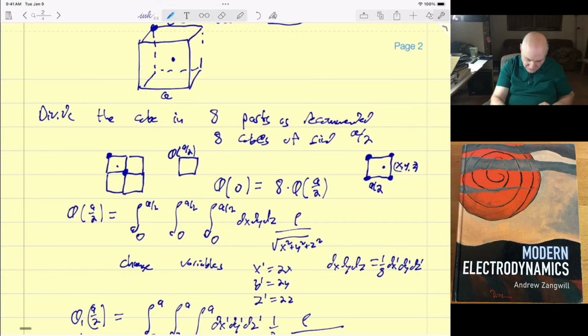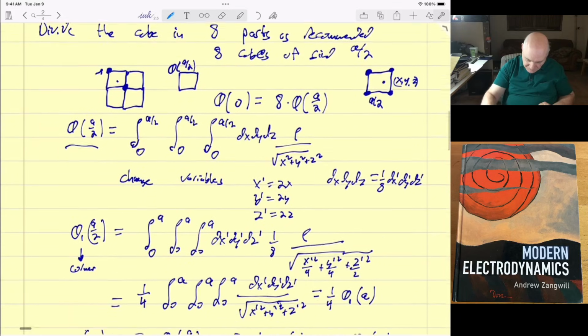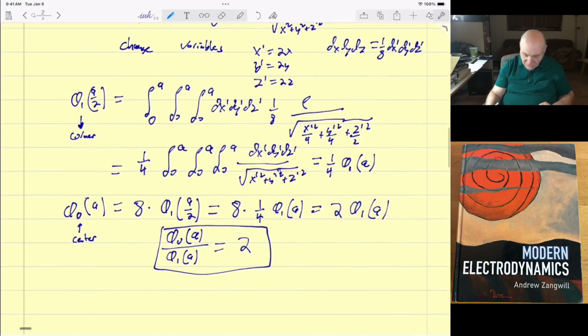We have 8 cubes that meet at the center, and the potential from each cube that gives us the center is the same, they're all the same. So if I want to start with this, I could calculate it like I did here, but also it's the same as at the center. And so we get our result.